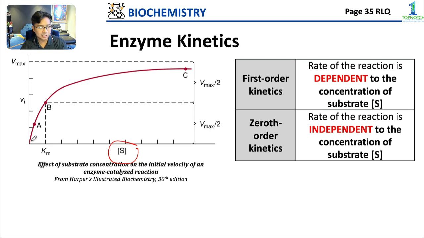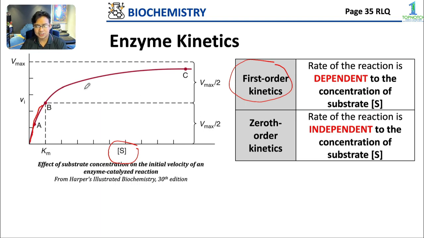At point A, as you can see, guys, as you increase the substrate, the velocity of the reaction also increases. That is known as your first order kinetics, wherein the rate of the reaction is dependent to the concentration of the substrate.